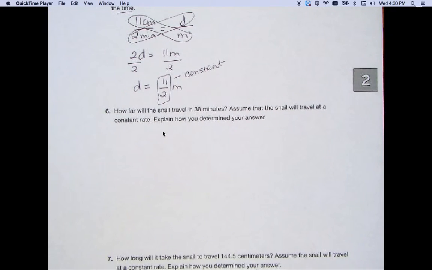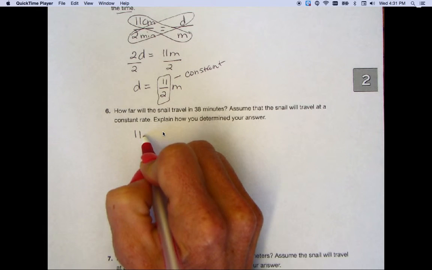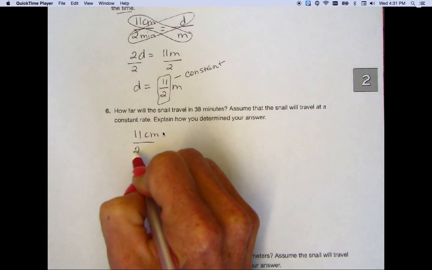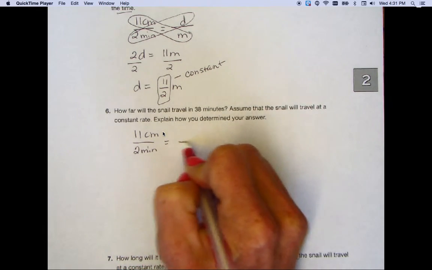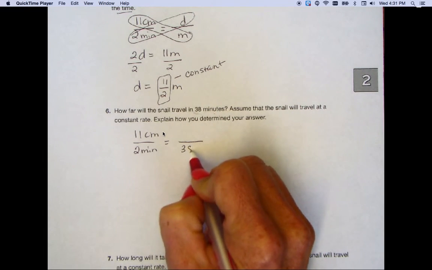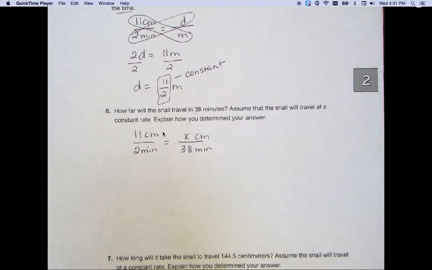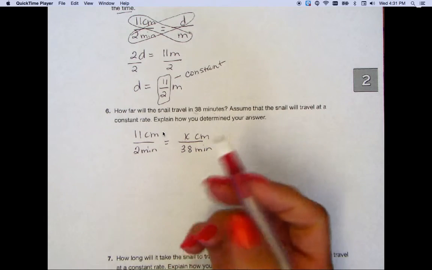Hopefully you're seeing that this is my constant. So now they asked how far will the snail travel in 38 minutes. I'm going to go back. It was 11 centimeters in 2 minutes. So 38 minutes will go down here, and this will be my centimeters. So I'm going to use means. Well, actually, I'm going to scale up.